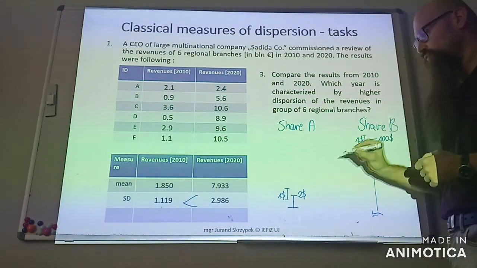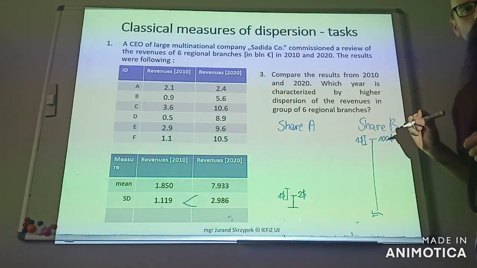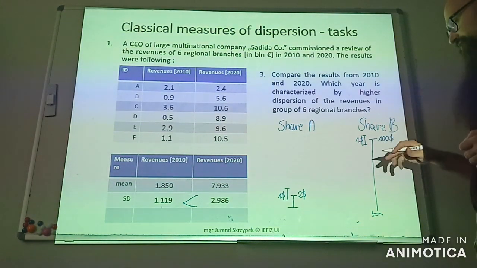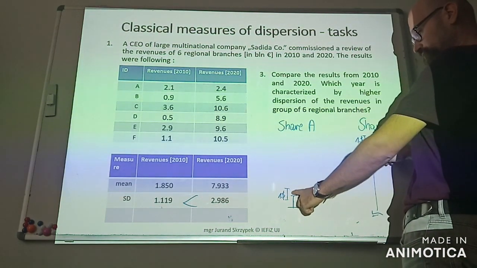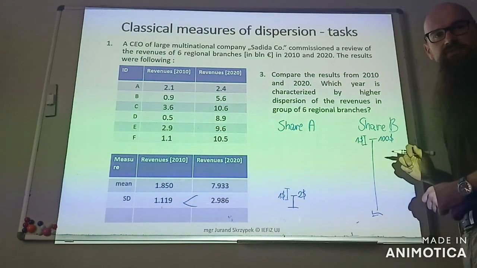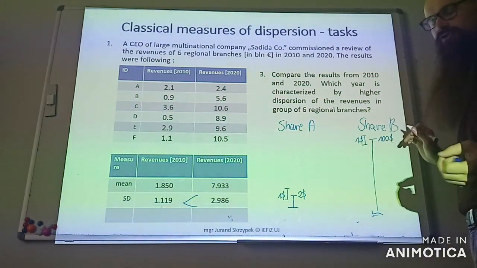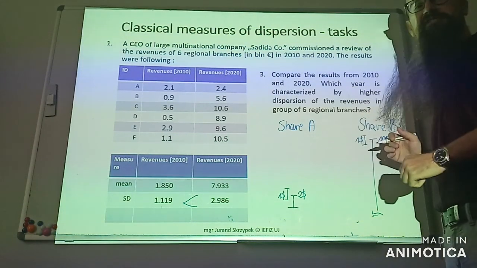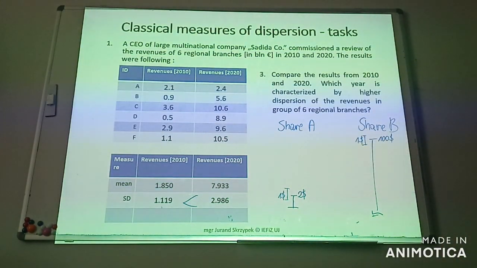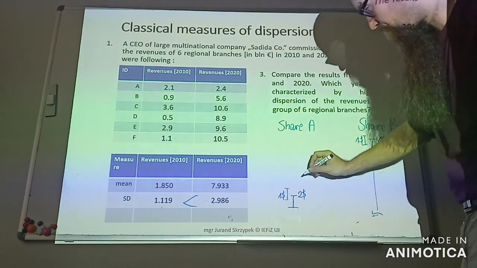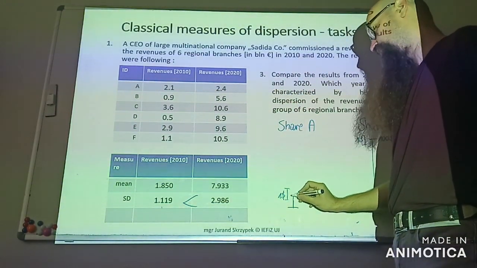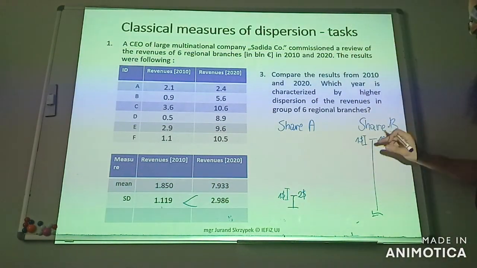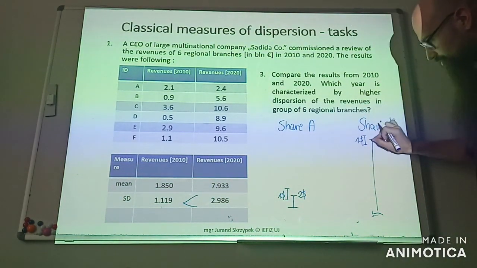Standard deviation equal to $1, standard deviation equal to $1. So, does it mean the risk associated with trading both shares is the same? The dispersion of the values is the same, so is the risk the same for share A and share B? Of course not, because here the average deviation in relation to its mean value is higher in this situation than in this situation.